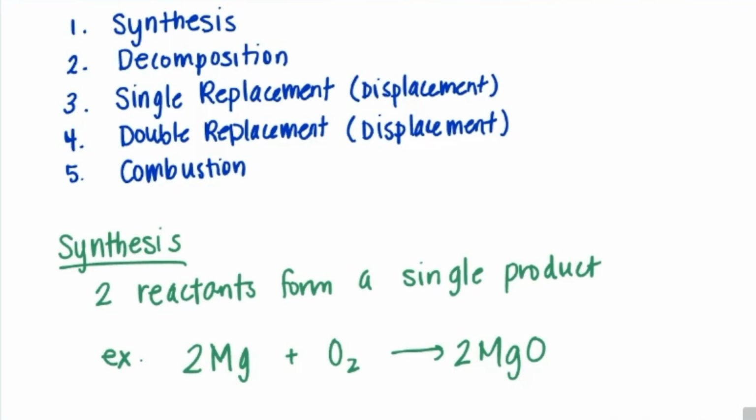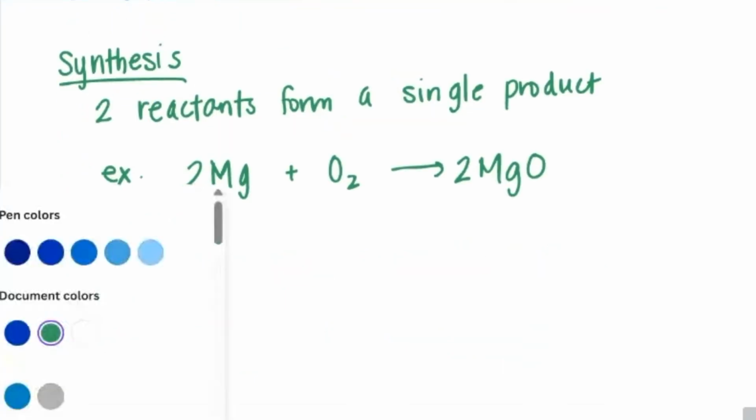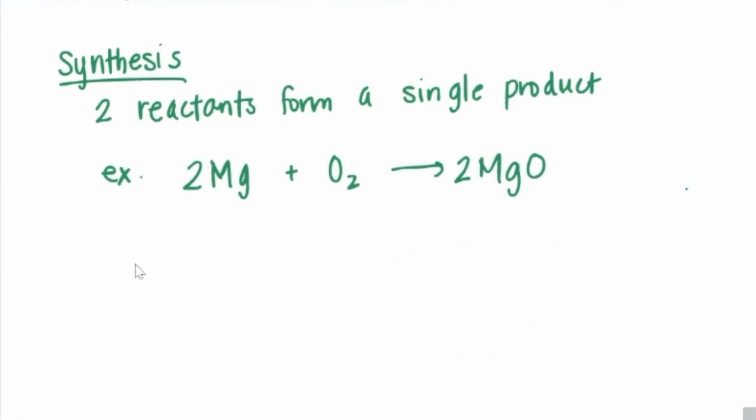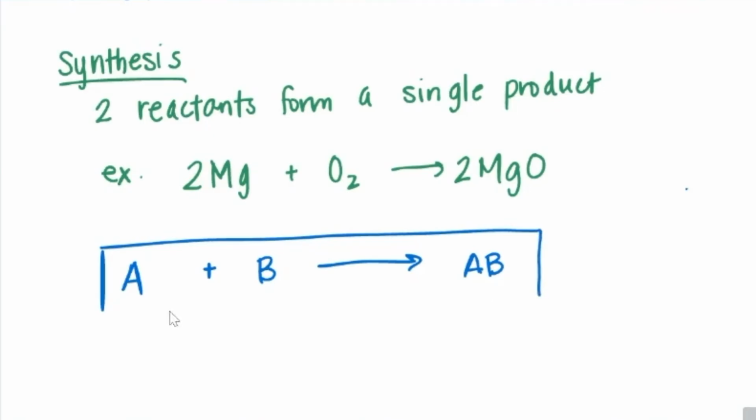Now, an easy way to think about a synthesis reaction is in generic terms of A's and B's. If I have some element A and some element B, every time I have a synthesis reaction, they're going to come together to form a compound where the atoms are now bonded together, and that compound will be AB. A synthesis reaction will follow this generic pattern every single time.